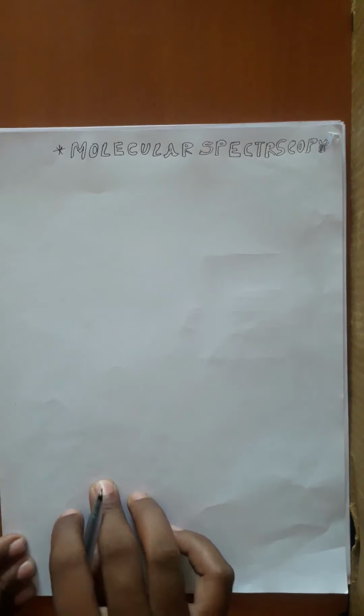According to increasing order of energy, first is the radio waves, then microwave, then third one is IR, next one is visible, then UV, then X-ray and gamma ray.